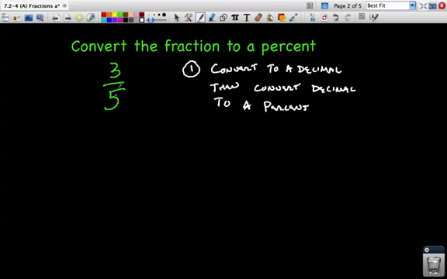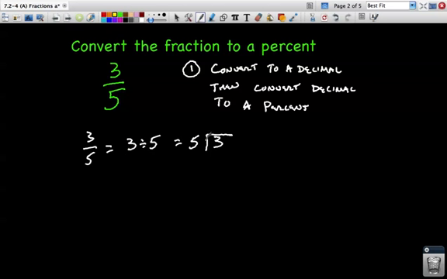So I have 3 over 5. Every fraction is division, so to convert fractions to decimals, this is just the same thing as 3 divided by 5. Be very careful about which number goes inside the house and which one doesn't.